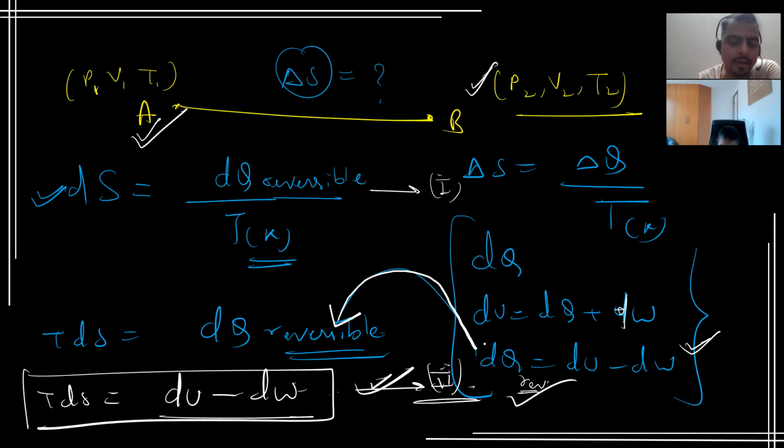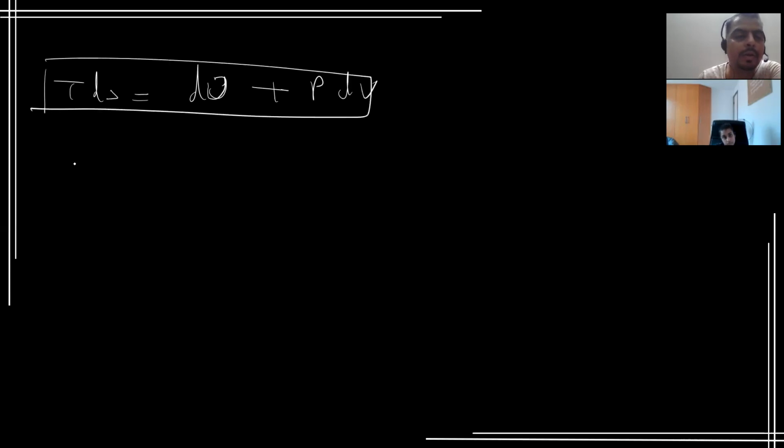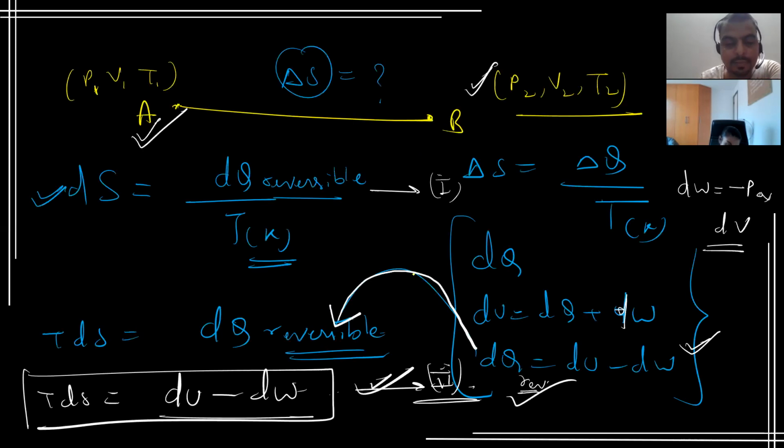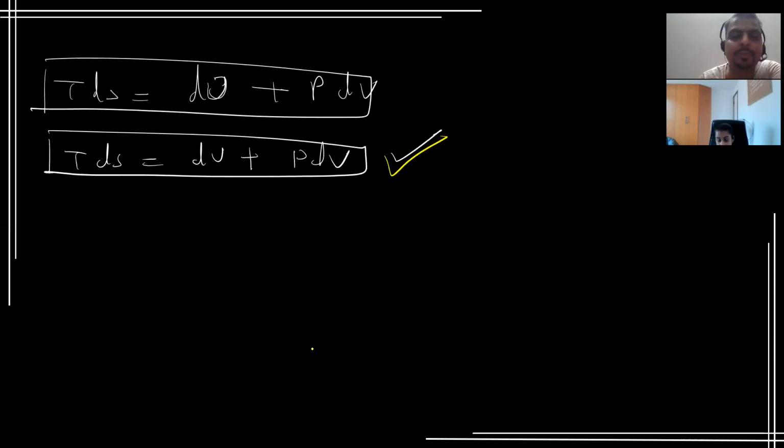Okay, cool. So you know what dw is? It is minus pV work, minus p external dV. You can put the value of dw here. So when you put the value, you will get TdS is equal to dU plus pdV. Any doubt? See, it's a minus, so minus minus is plus, so plus pdV, right?